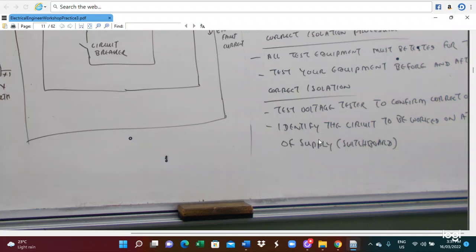Okay, so here's our electrical trade. We explain about the electrical condenser, circuit breaker, fault protection, and working with electricity. Then we are talking about the diploma, advanced diploma.